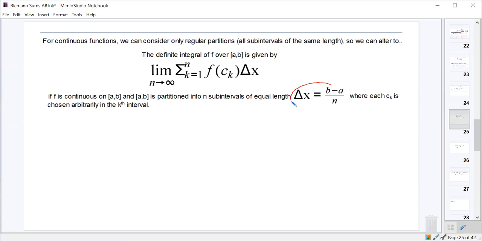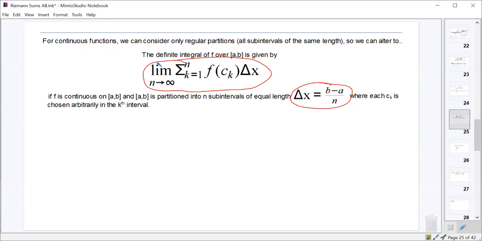In fact, delta x is equal to b minus a over n, where b minus a is the length of the entire interval divided by n, the number of subintervals. And so this right here is what we call a definite integral of our function.